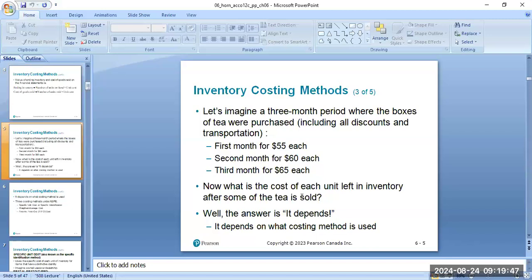And here we're coming with this simple example. This company, over a 3-month period, purchased boxes of tea. First month, $55 each. Second month, $60 each. Third month, $65 each.